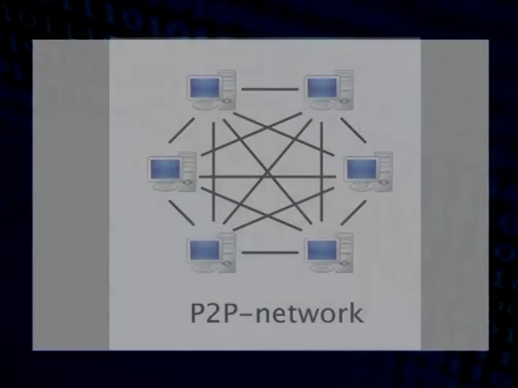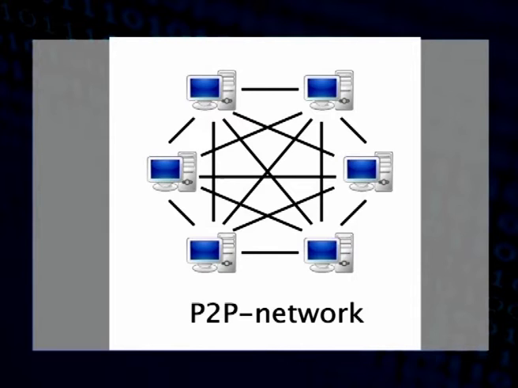Thus, if more nodes connect to the network and the demand on the system increases, the total capacity of the system also increases. This is a major advantage of peer-to-peer networking over traditional networks using the client-server model, where additional clients could mean fewer resources available for each client.